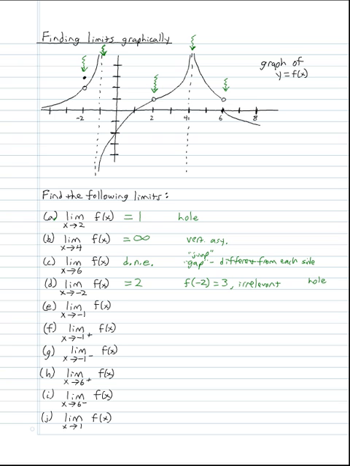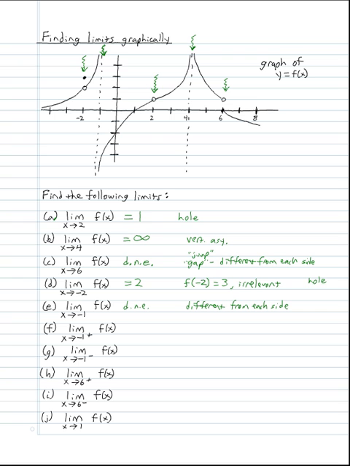Therefore, this limit does not exist because it is different from each side. On part B, we could say plus infinity for that two-sided limit because it was the same. It approached that asymptote upward on both sides instead of upward on one side, downward on the other.